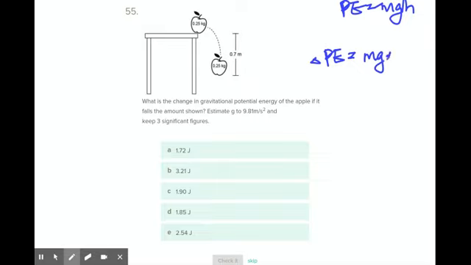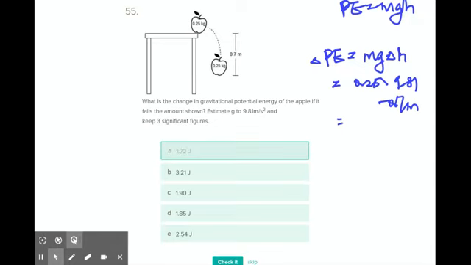So it's really m times g, because those two never change, times delta h, the change in distance. Mass is 0.25 times gravity, 9.81, times 0.7 meter. Ooh, sorry about the pen. You multiply them up, 0.25 times 9.81 times 0.7 is 1.716, which is 1.72. Answer is A.